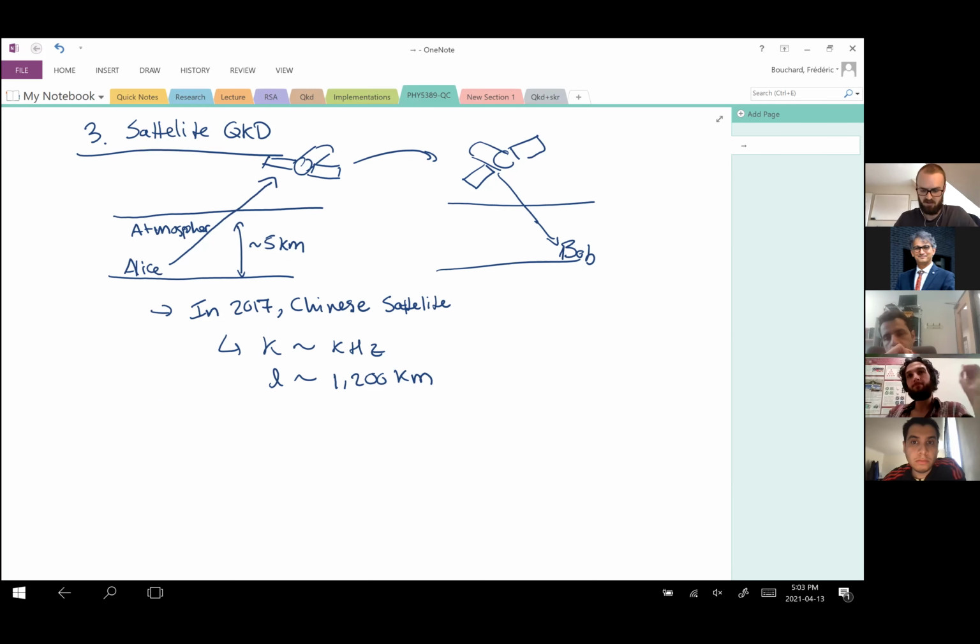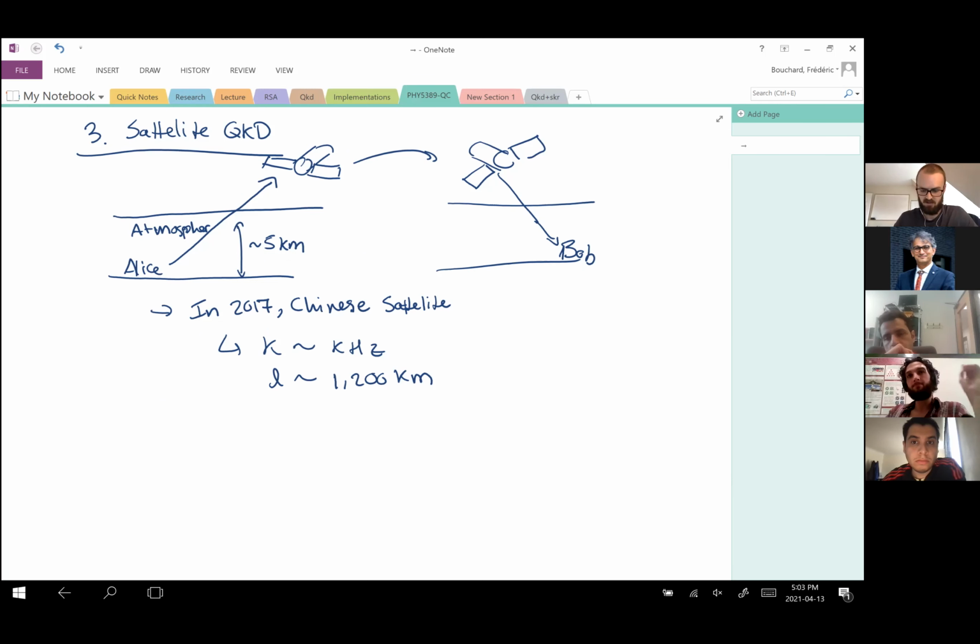That's ongoing research. And another way to extend distances is using something called quantum repeaters. So that was also proposed. Repeaters to go to longer distances. Basically, here's the idea. You have Alice and you have Bob. And then let's say you have your rho AB, a single photon source in the middle.